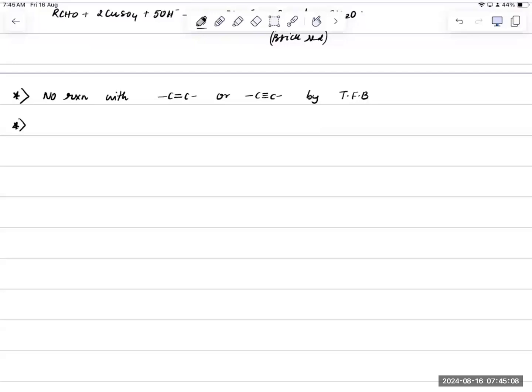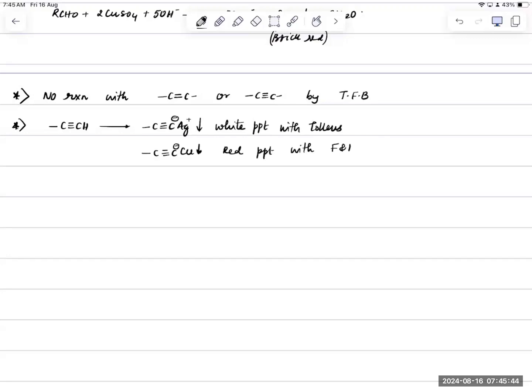But C triple bond CH, if terminal is there, then it will convert into C triple bond C minus Ag plus. So it will give white PPT with Tollens.